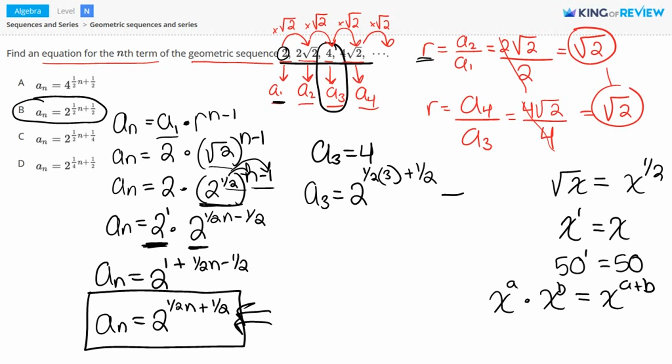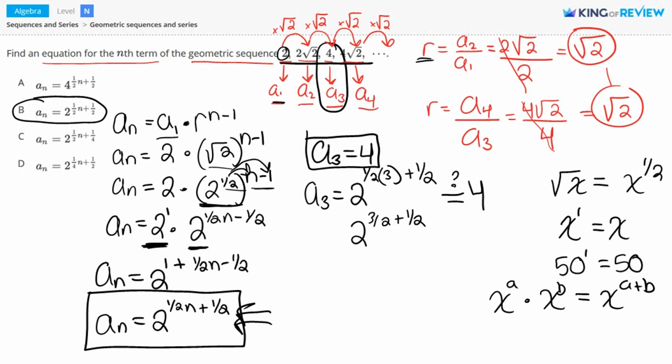And we're trying to see if this is equal to 4 or not, because we know that the third term should equal 4. So let's solve. So we have 2 to the 3/2 plus 1/2, and this equals 2 squared, which equals 4. So we're getting 4 for the answer here. So we know that this equation was set up properly.